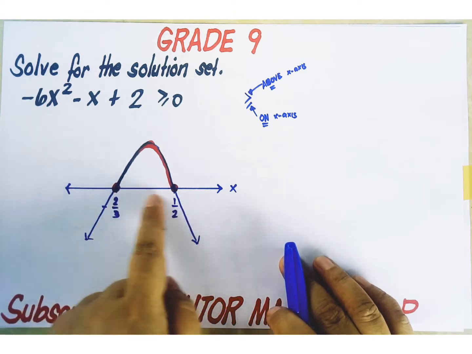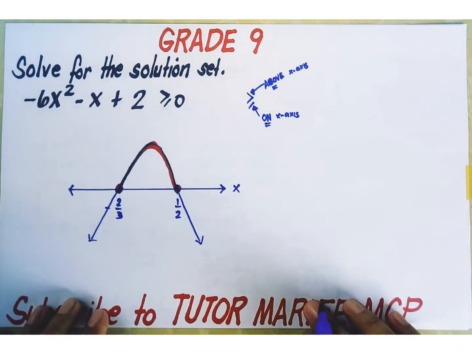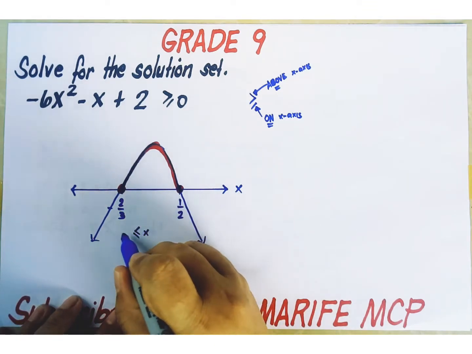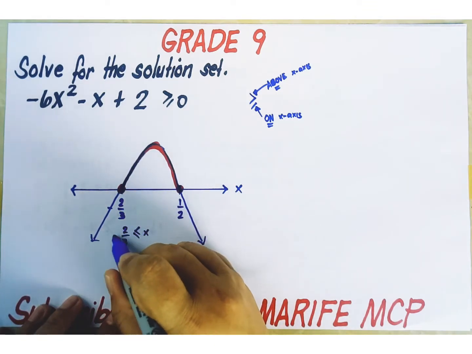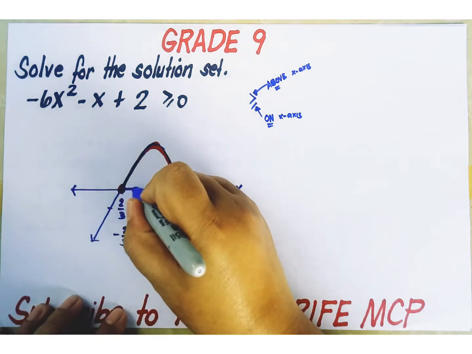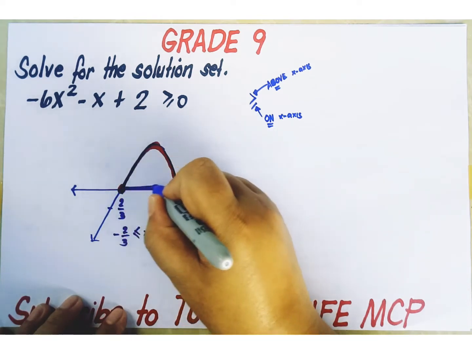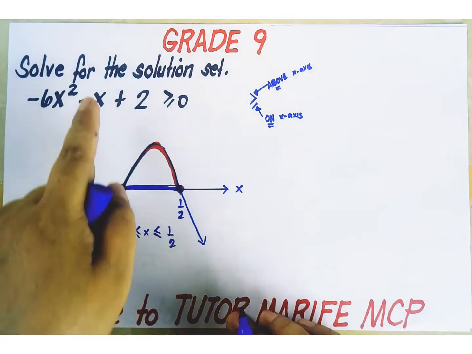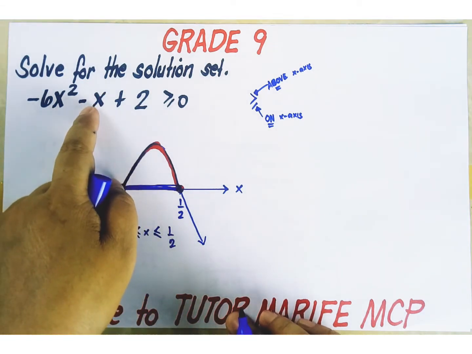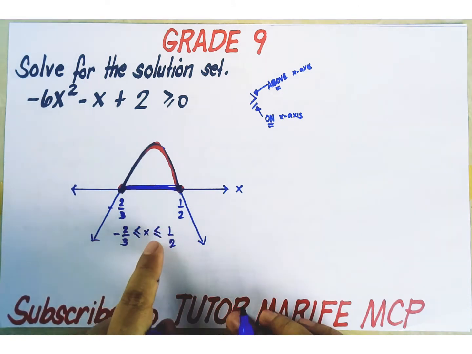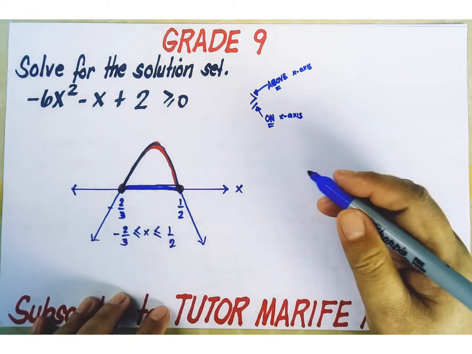This range of x values is represented by the interval x is greater than or equal to -2/3 but less than or equal to 1/2. This is the answer. The solution set for the given quadratic inequality is x is greater than or equal to negative 2/3 but less than or equal to 1/2.